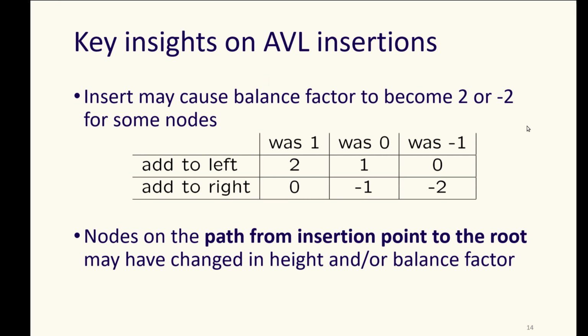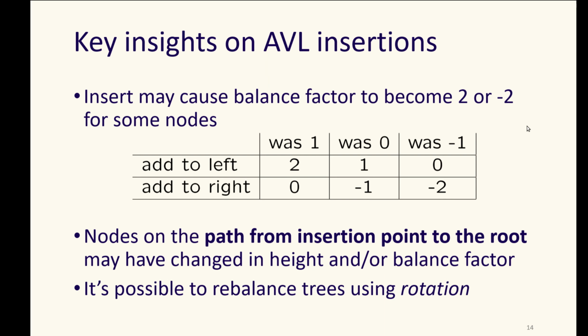That's tilting too much to one side or the other, essentially. So nodes on the path from the insertion point to the root may have changed in their height or their balance factor, as we saw in the previous example where we inserted the 7 and it changed the balance factor of its parent and the root.